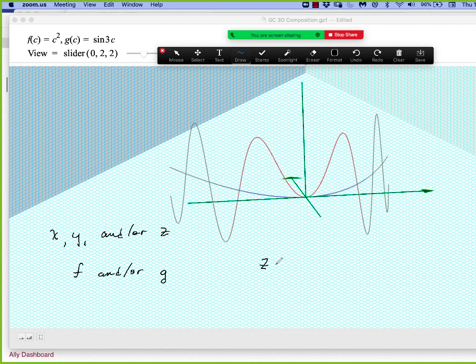So z is the dependent variable for g. Anything else? What about the independent variable for this graph? Does it relate more to x, more to y, neither?